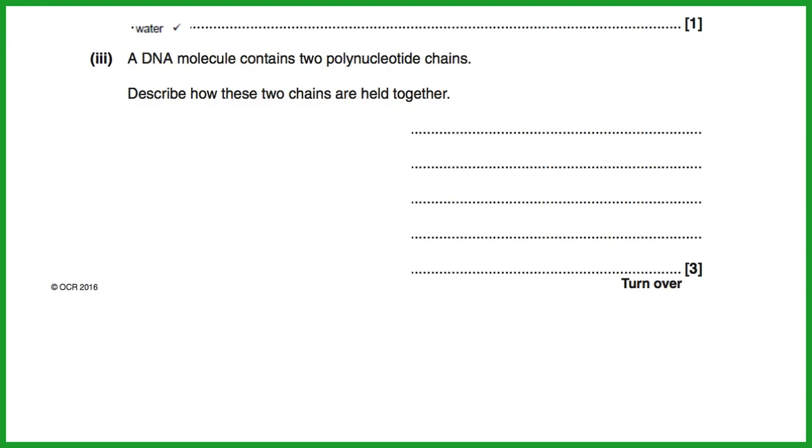And then a DNA molecule contains two polynucleotide chains. Describe how these chains are held together. Remember that you've got a phosphate, a deoxyribose sugar, and then a nitrogenous base, of which there are purines and pyrimidines. Adenine and guanine are purines. The purines have 2 rings.